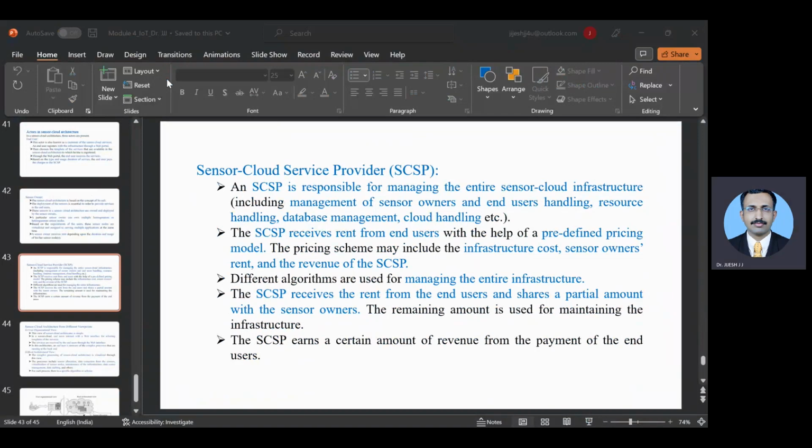For example, management of sensor owners, end user handling, resource handling, database management, cloud handling. The entire process is taken care of by the sensor cloud service providers. They take the money that comes from the end users, and it has to be distributed to the sensor environment, the infrastructure facilities.